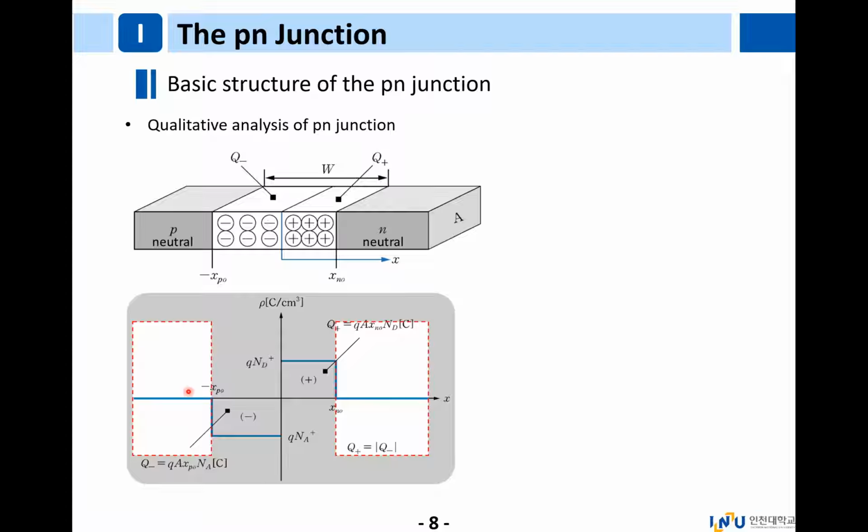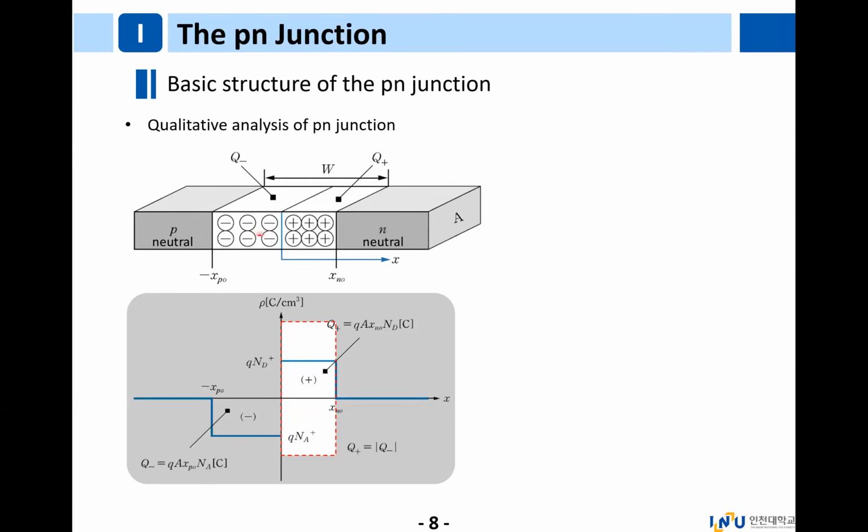But in the junction region, both plus fixed charge and minus fixed charge remain. Therefore, in the N-type region, the area with remaining plus fixed charge, the charge density is formed by multiplying the doping concentration by the charge of donor ions.